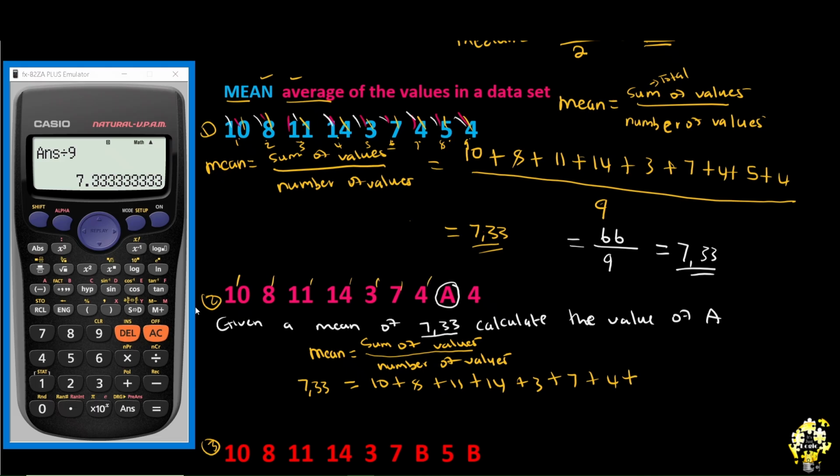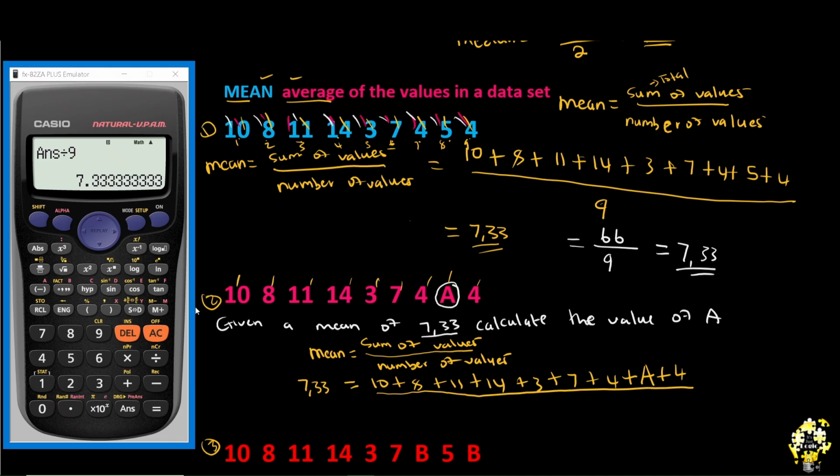Plus, look at this. Plus A. Yes, of course. Yes, indeed. Plus A. And then plus, okay, we have counted for A, plus the last value, which is 4. Why did I plus A? You will see why I plus A. We are calculating for A, but yes, we have to plus A. And then we said that we have to divide by the number of values.